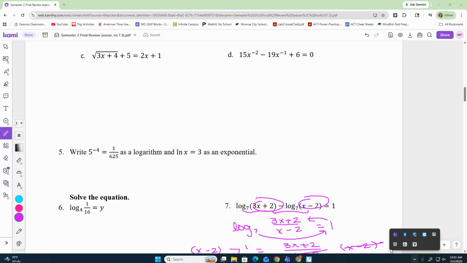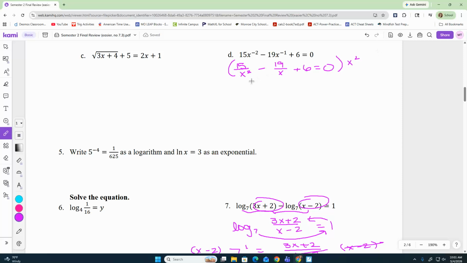All right, there are two ways of doing this problem. It is a quadratic type, but in the past, most of you rewrote it first. X to the negative 2 would put that on the bottom. X to the negative 1 puts an x on the bottom. Most of you at this point just said, I'm going to multiply by x squared to get rid of all the fractions.